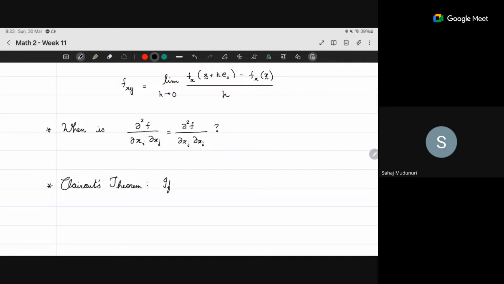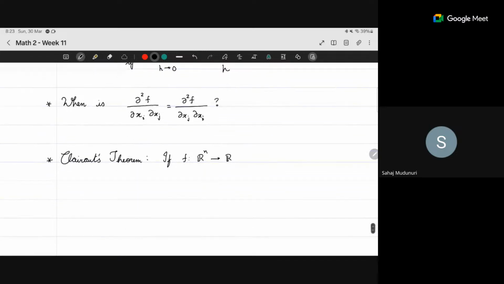So if f is a multivariable function such that the second order partial derivatives exist and are continuous.